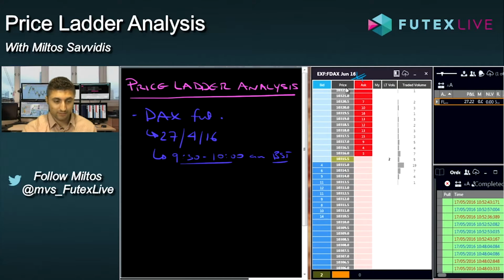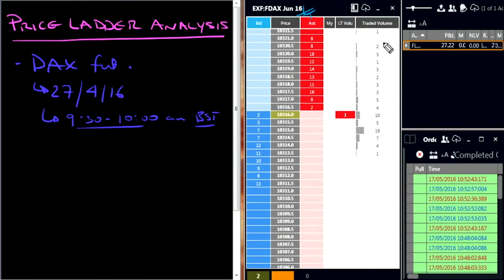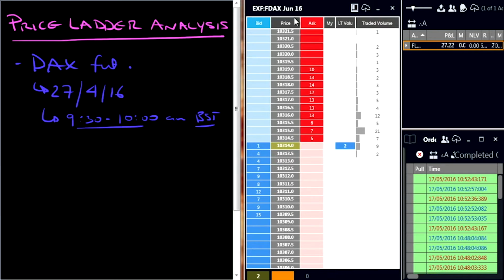Being as the DAX is a very, very quick market, I usually have my ladder set up like this when I'm trading the Bund, with my bids on the left, the price in the middle, and my offers on the right of the price. What I'm actually going to do here is, because we're seeing very quick and successive price action and order flow, it's kind of difficult, at least for myself, to train my eye to watch the ladder in this way.